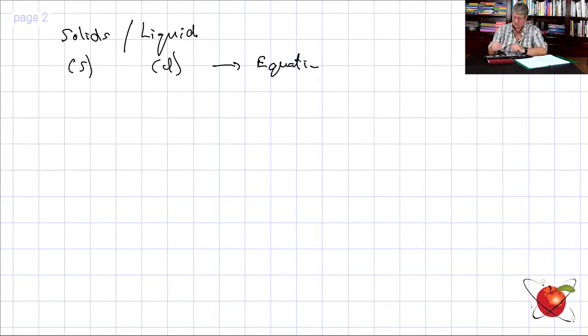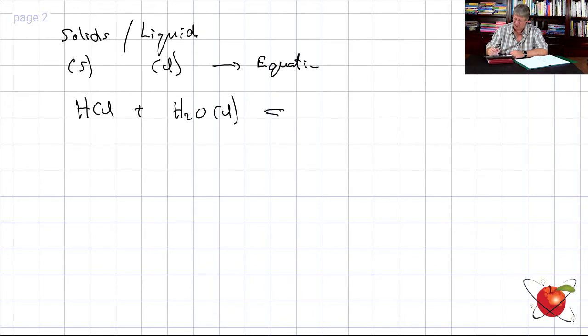So we have, for example, a situation where we put HCl plus H2O liquid. You put that together, we know what we're going to get. We're going to get H3O plus Cl minus, right?